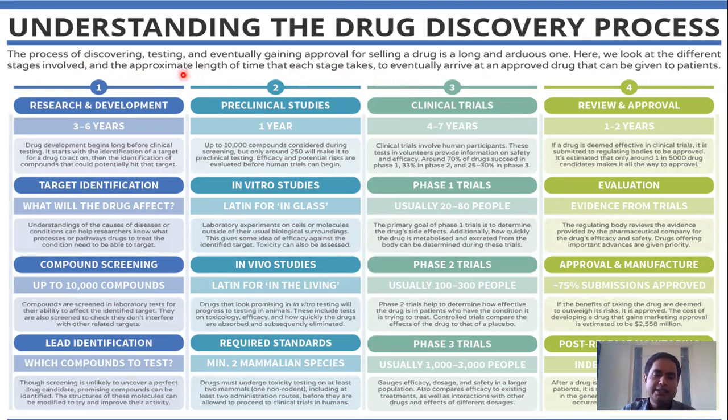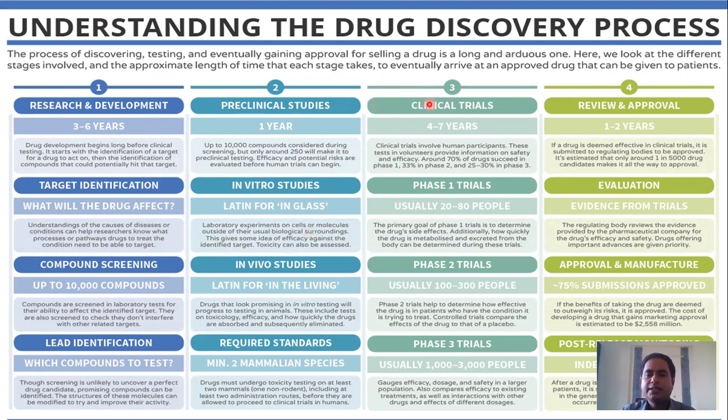It can be divided into 4 stages. The first stage consists of the research and development stage: the target identification stage, compound screening stage, and lead identification. The second stage can be divided into preclinical study, in vitro study, in vivo study, and required standards.